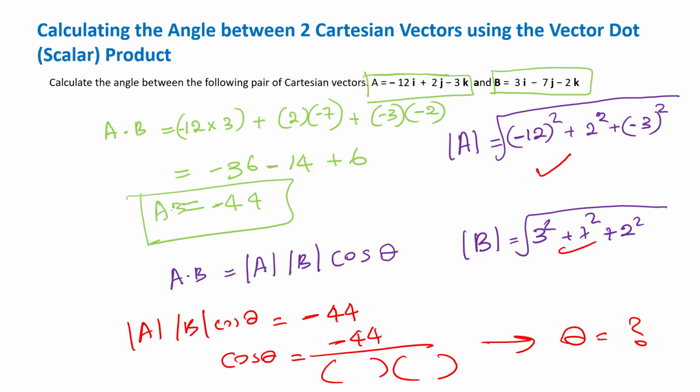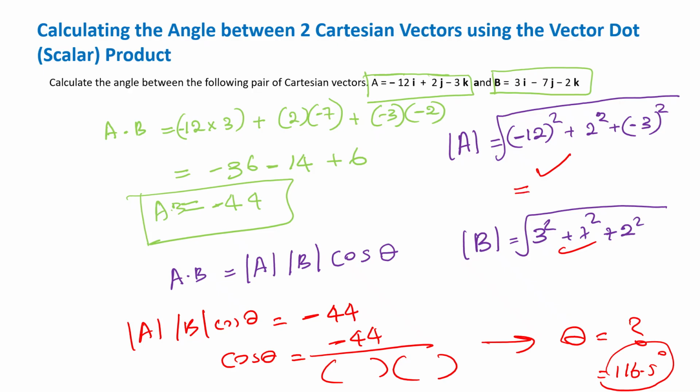116.5 degrees. Okay. It should be minus 44 divided by A times B. A is what?